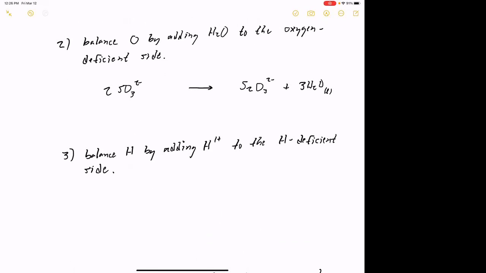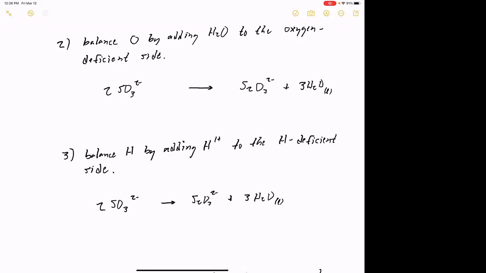So let's go ahead and just write the reaction as I have it. All right, and that's going to S2O3 2 minus, those are both aqueous, plus 3 waters. Leave that as a liquid there. Okay, so let's see. It looks like the left-hand side is my hydrogen deficient side.